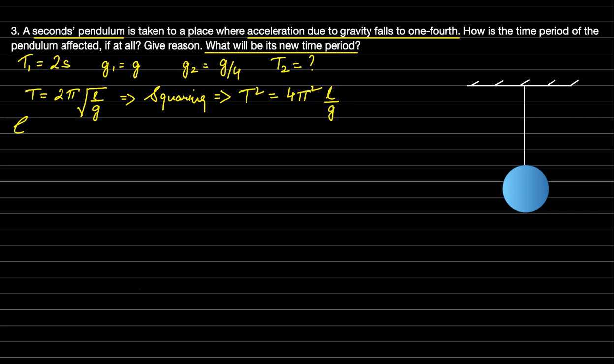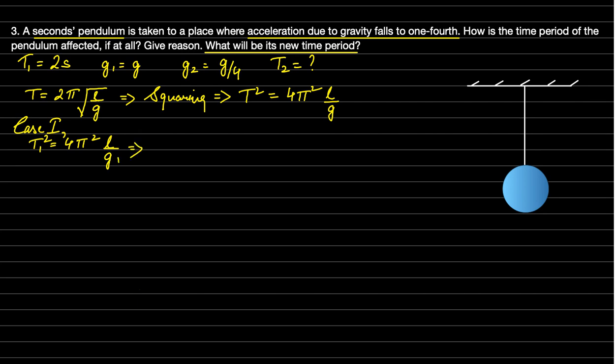So first let us take case 1. For case 1, we will be considering T1. So T1 square is equal to 4 pi square L divided by g1. I substitute the values.